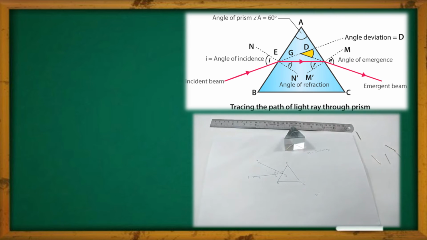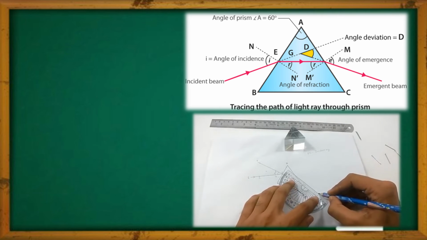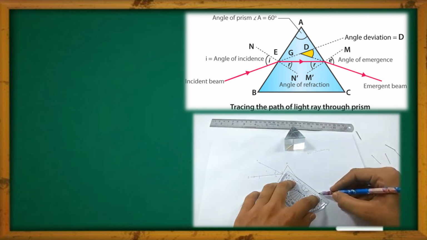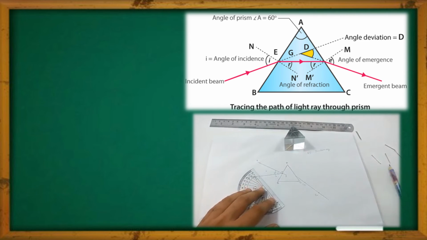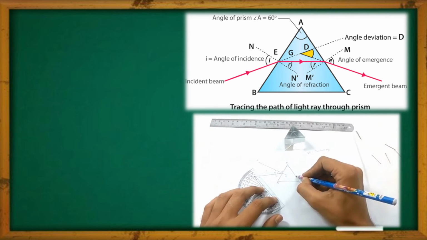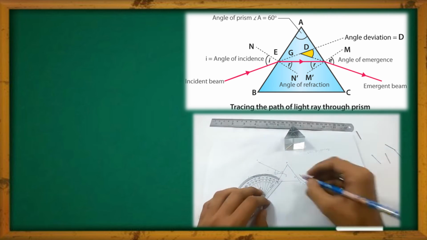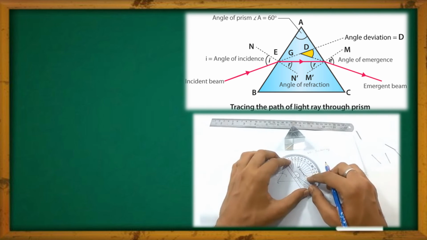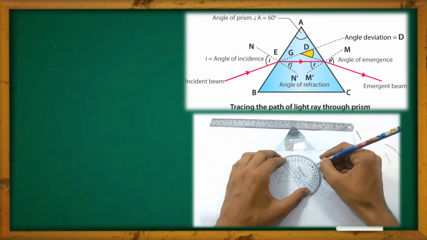Now put dot marks on those pin positions and join all these positions to the refracting surface AC of that prism. Now put a point there and also draw one normal, which you can name M dash.